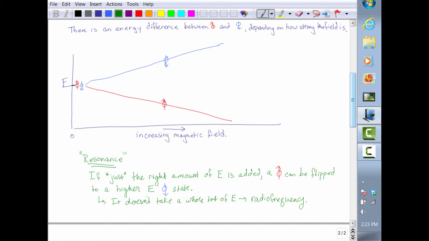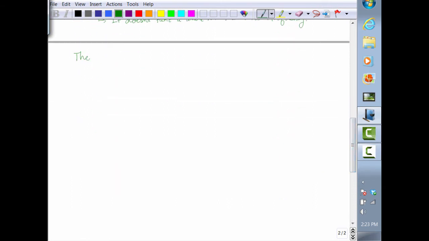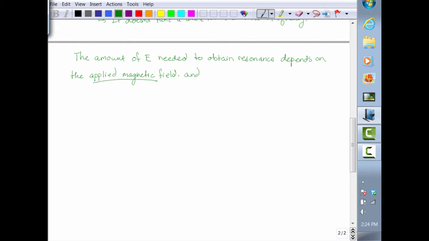So it depends on what else is around the nucleus. So those are the two things that are going to matter.